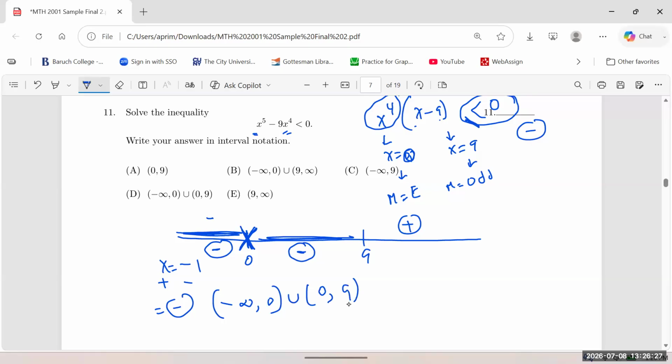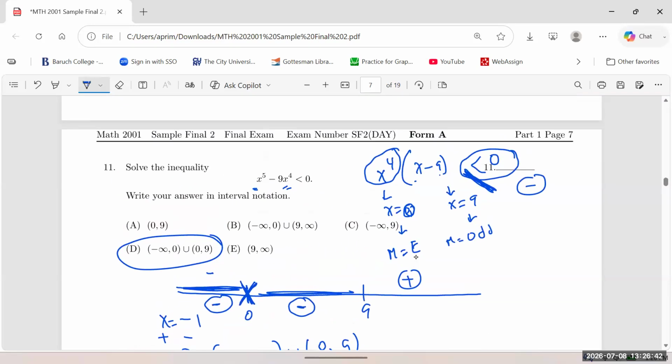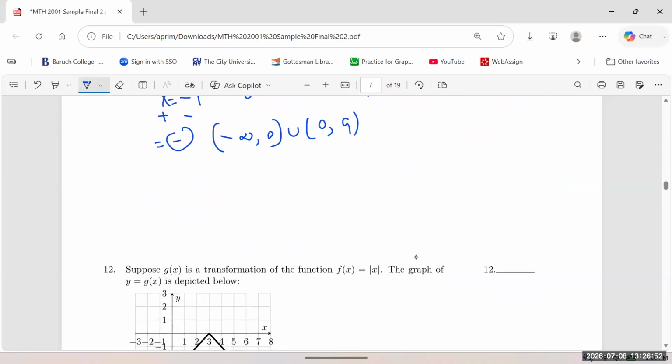You cannot combine because they are not looking for 0. They're looking for strictly negative. So which interval? Negative infinity to 0, D. Oh, and also in the final exam, you're going to write down D here, circle it and then write down the letter. And then on the Scantron, you're going to bubble D.